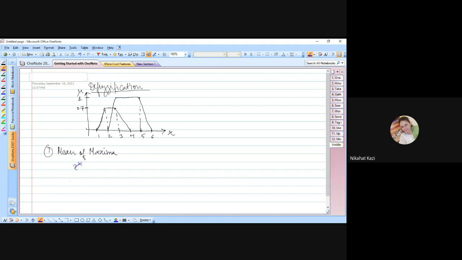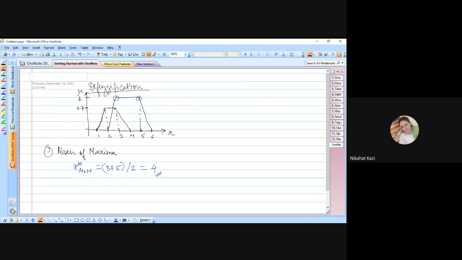X star. Defuzzified value is X star. X star by mean of maxima is nothing but the highest peak, which is one, this one. Okay. So you will have, what are the endpoints? These are the endpoints, 3 and 5. So it is 3 plus 5 divided by 2. That is nothing but 4. So by mean of maxima, it is 4.